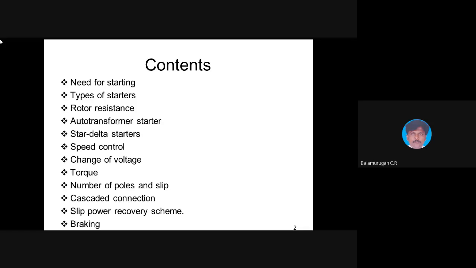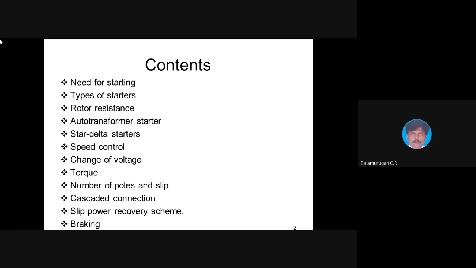And third, single phasing. We'll discuss one by one. The first function is to limit the starting current, specifically for a three-phase induction motor. This is the necessity of the starter.